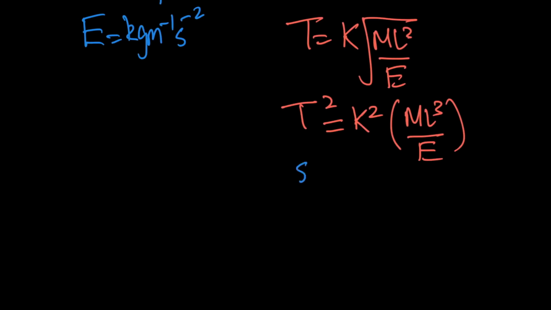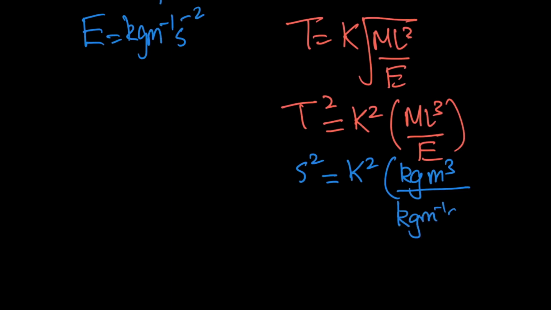So T square का यूनिट s square, k square हमें निकालना है, m mass था kg, l cube is meter cube, and now you have the units of E, and E was kg m^-1 s^-2, so you can substitute that unit over here and you can write kg m^-1 s^-2 bracket shut and try simplifying it.